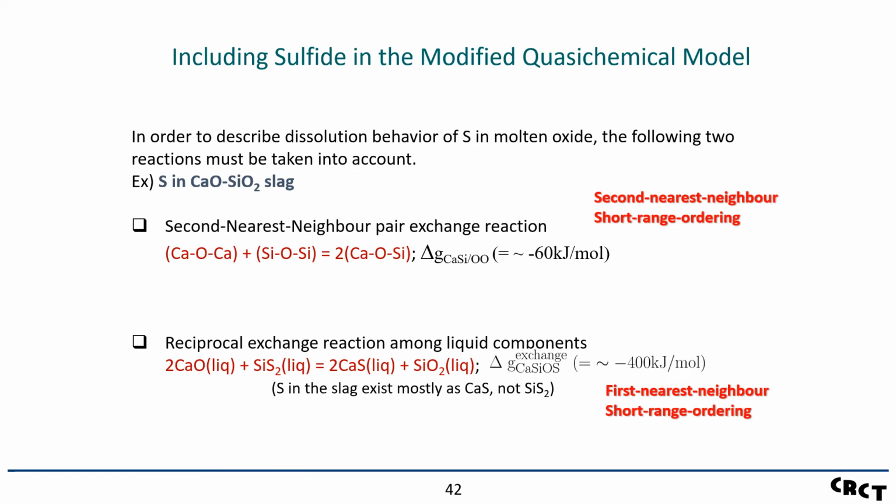But now when we add sulfur, we have to look at first nearest neighbor short-range ordering. That is, calcium prefers to be next to sulfur and silicon next to oxygen, not the other way around, because the Gibbs energy for this so-called exchange reaction is extremely negative. This is first nearest neighbor short-range ordering.